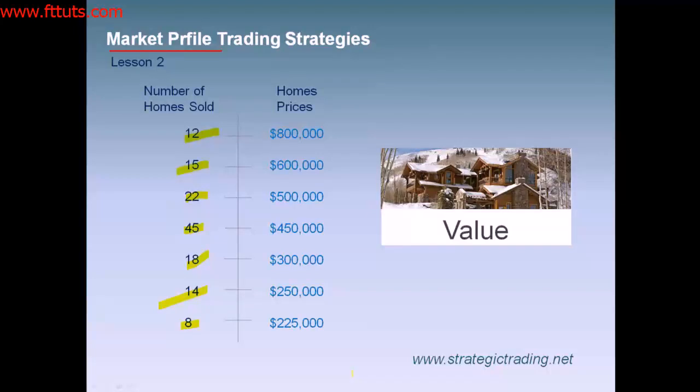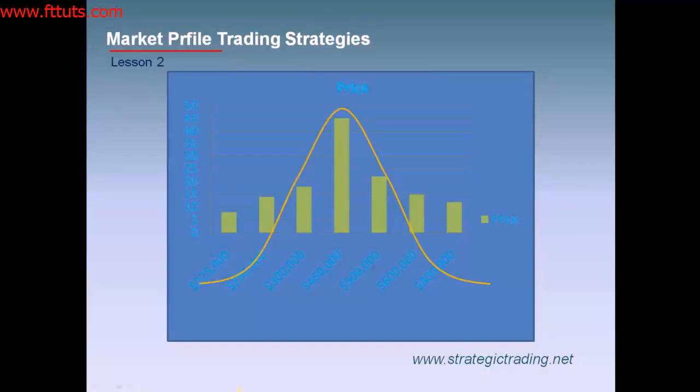Well, let's go a step further and apply the normal distribution idea to this market that we're looking at. And you will quickly see that there's a mean in the market. That is sort of the average price in the market, $450,000. So if I end up buying this home at $700,000, are there any problems with that?